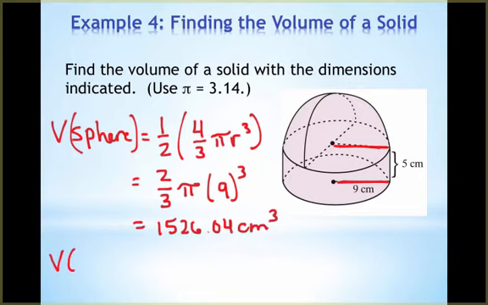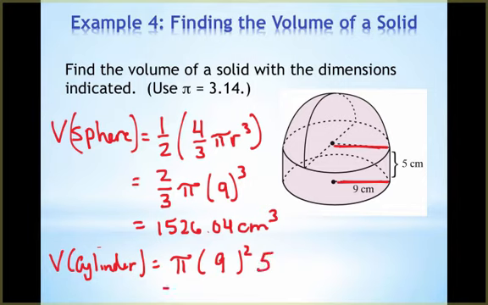And now I get my volume of my cylinder, which is pi r squared h. And my radius, we already know, is 9. And my height of my cylinder is 5.